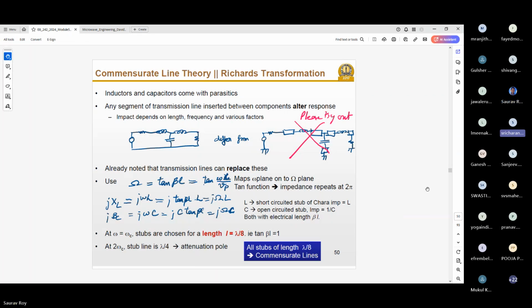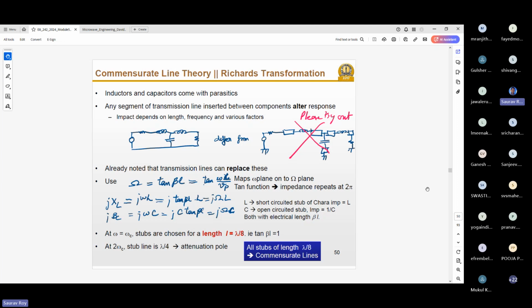The characteristic impedance is the impedance we will be having. So do we take only the numerical value of the inductor, or do we have to consider omega into L also? Actually, it will be normalized with omega L. Yes, it will be omega into L.